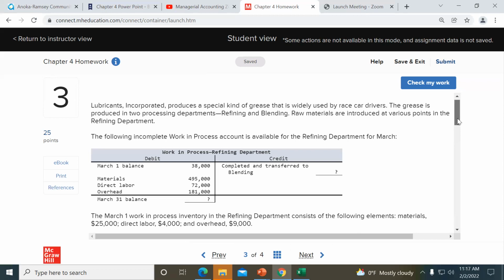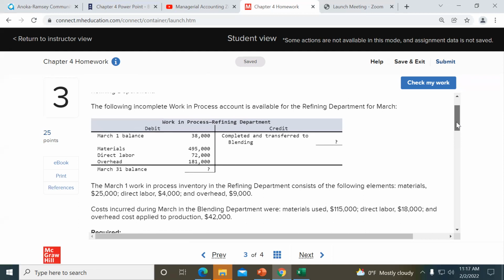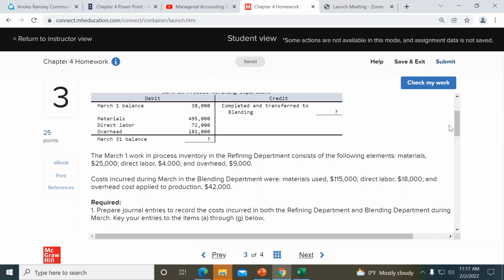Okay. Cost incurred during March in the blending department were materials used, 115, direct labor, 18, and overhead costs applied to production, 42,000. So that's not the refining department, that's the blending department.